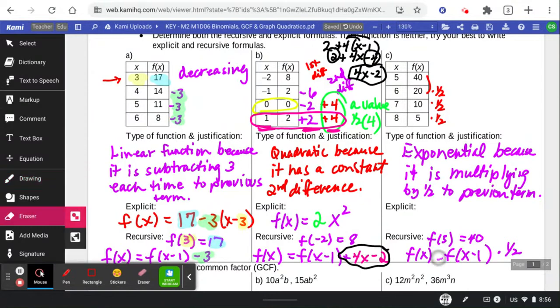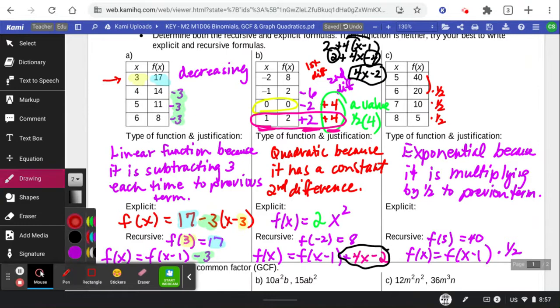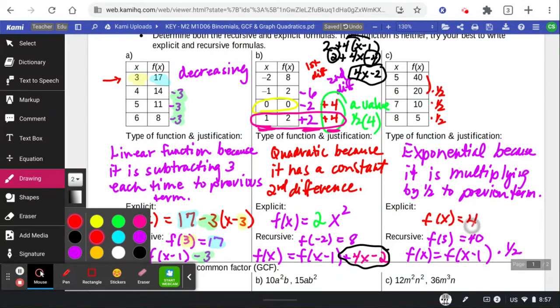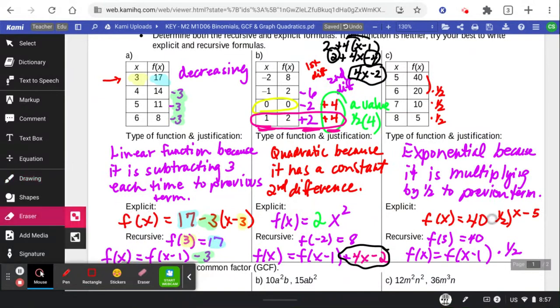And then for my explicit, we say f of x equals, begins with 40 multiplying by 1/2 to the power of x minus 5. And you can have parentheses on these or not. You could also just put a dot to imply multiplication right there.